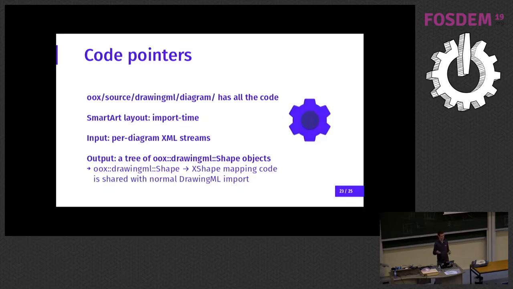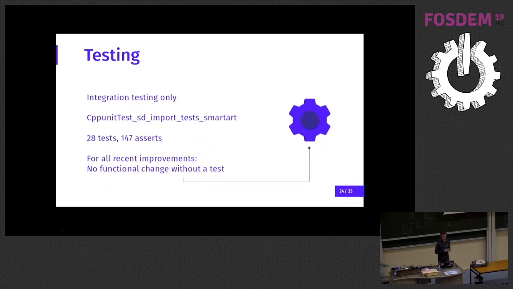Then later we give this DrawingML shape tree to the DrawingML importer, and that one will invoke the necessary UNO calls so that the actual shape objects are created. So that's the high-level overview of the actual implementation.